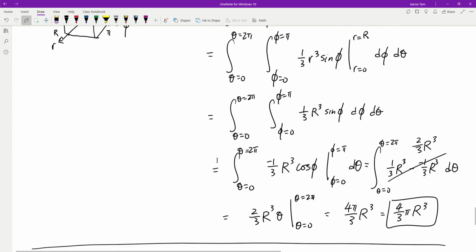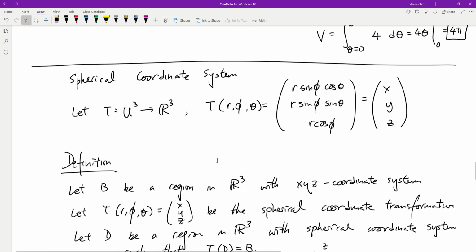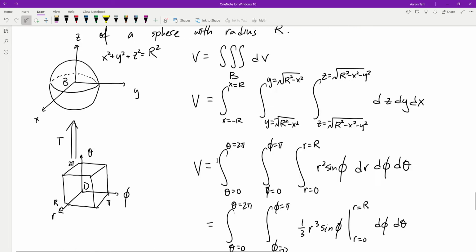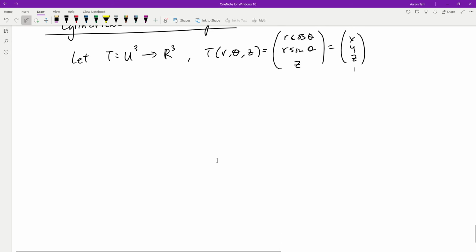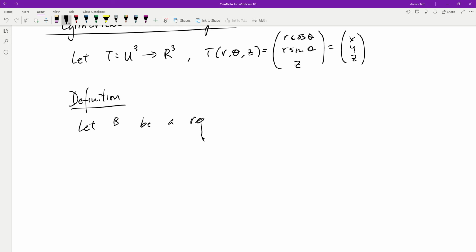So here's a definition of how to transform using a cylindrical coordinate system. I'm going to list it the same way. We're going to start with regions B. Let B be a region in R3 using the X, Y, Z coordinate system.